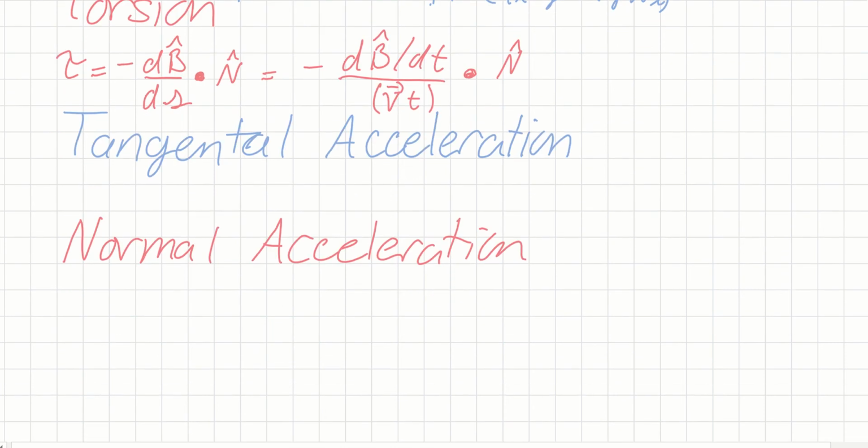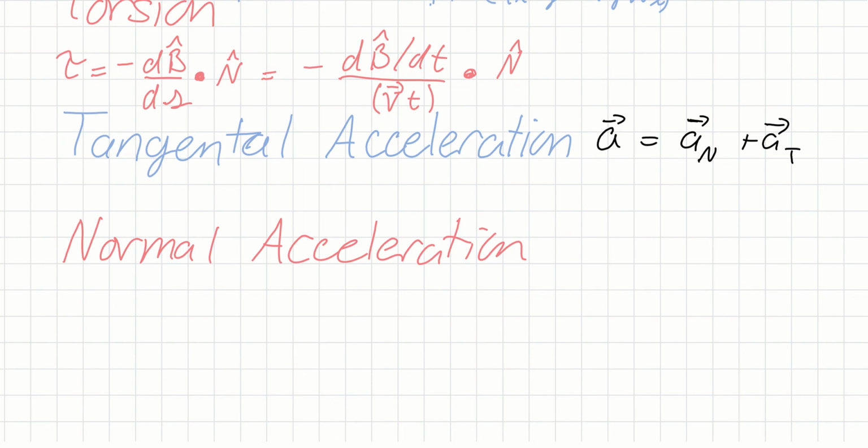Then the last two we have are the tangential and normal acceleration. So tangential acceleration and normal acceleration. There you go. And I'll rewrite the equation up here. Acceleration equals a sub n plus a sub t.